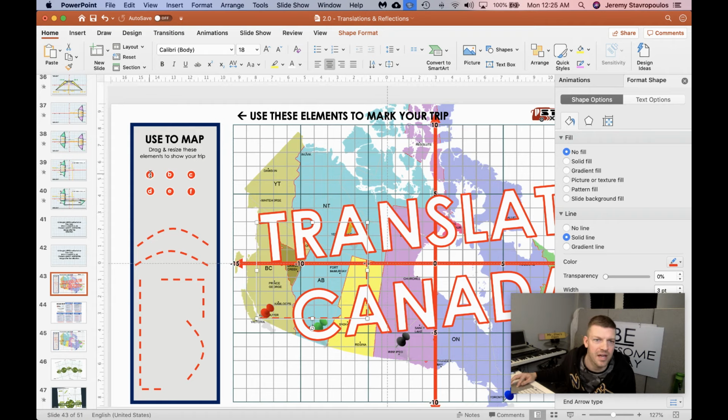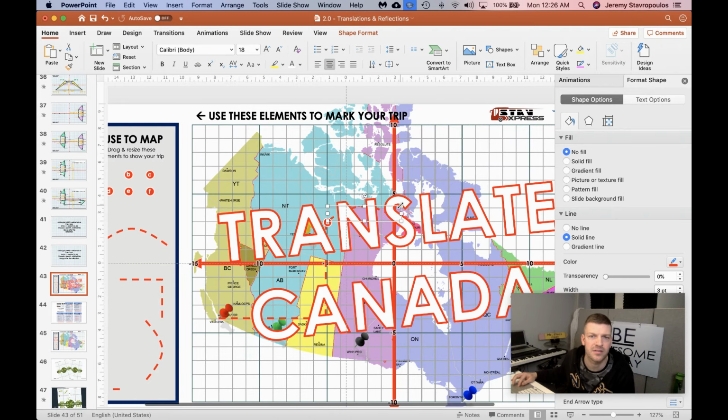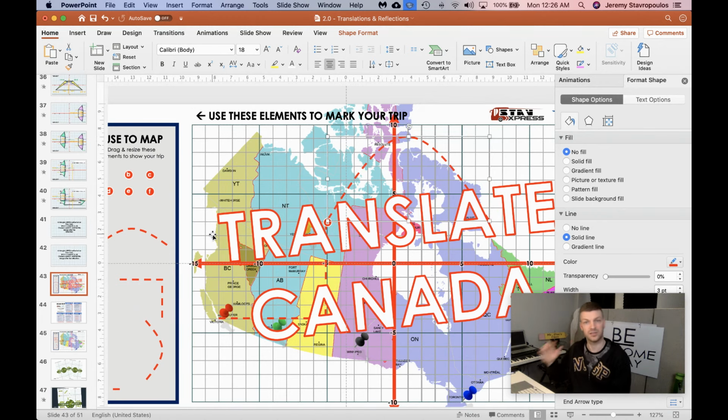That brought me to point A. So mark it point A. These ones are for translations, and these loopy ones are for reflecting. So if it says to reflect, you can reflect, show that, and point your next point there.